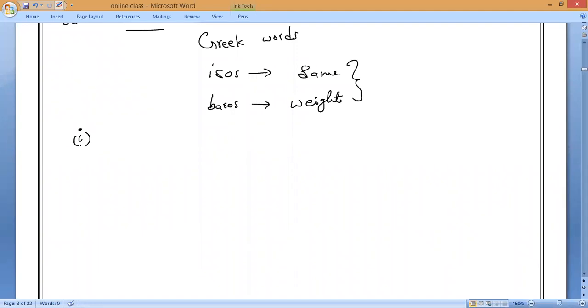Isotopes have different physical properties, but the same chemical properties. But if you come to isobars, they have different physical and different chemical properties. Both are different.